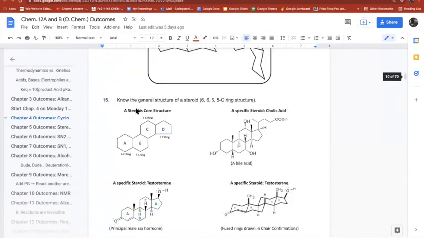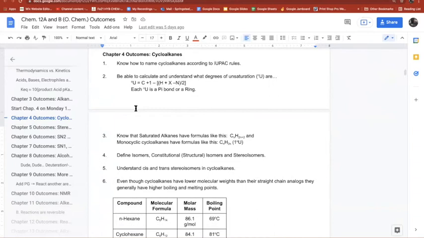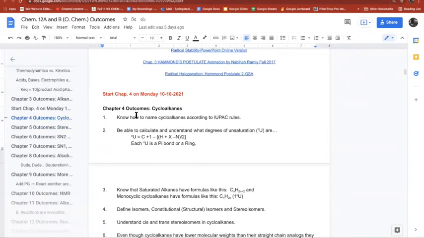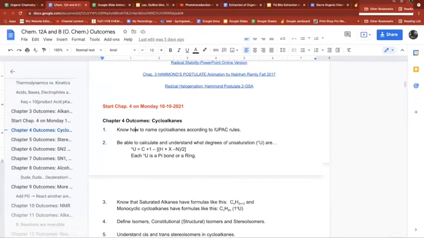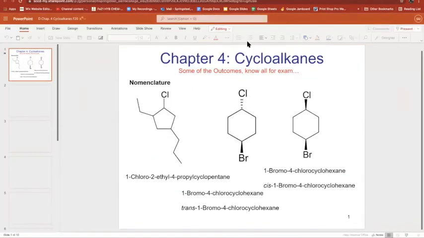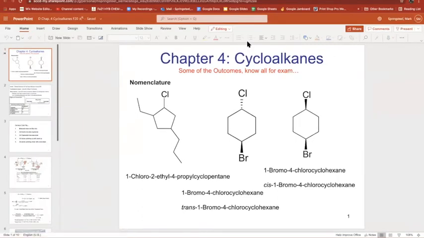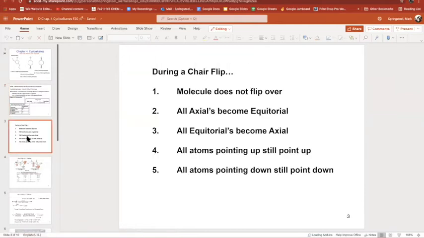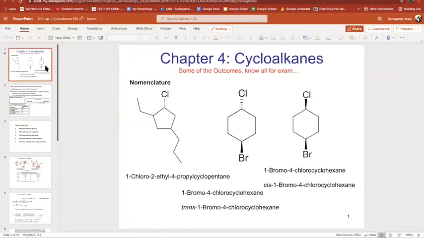Wait, sorry. I'm at chapter 4 here. Okay. So we'll start off with some nomenclature. I have a chapter 4 outline. I may do a little bit of this, just to get through the beginning parts real quick here. Yeah, I'll do it.